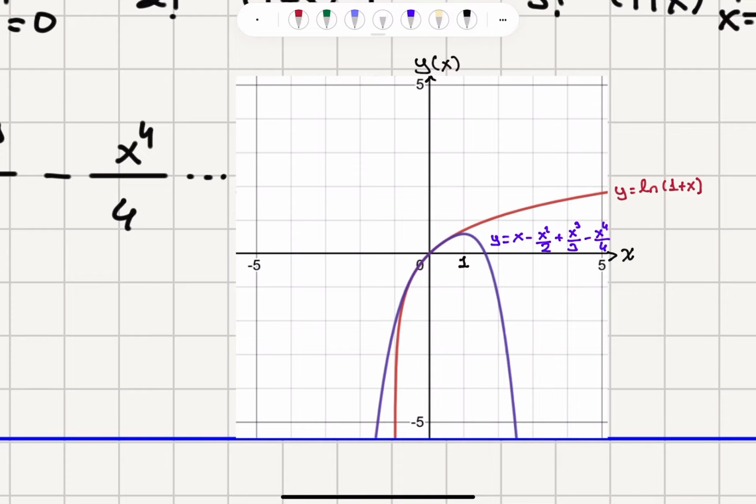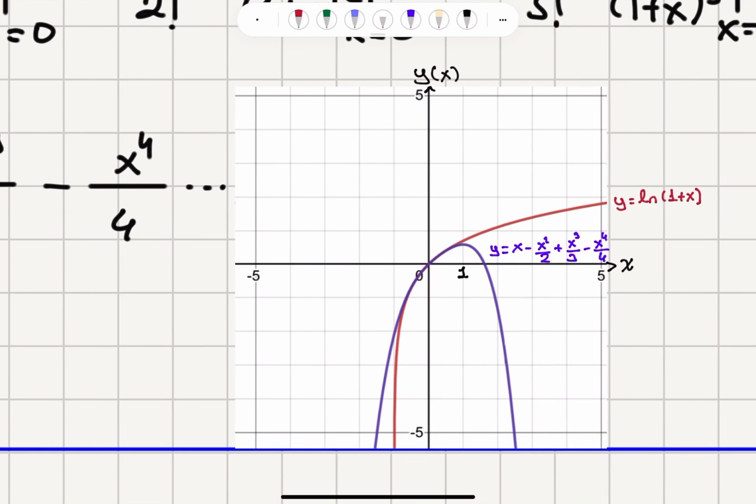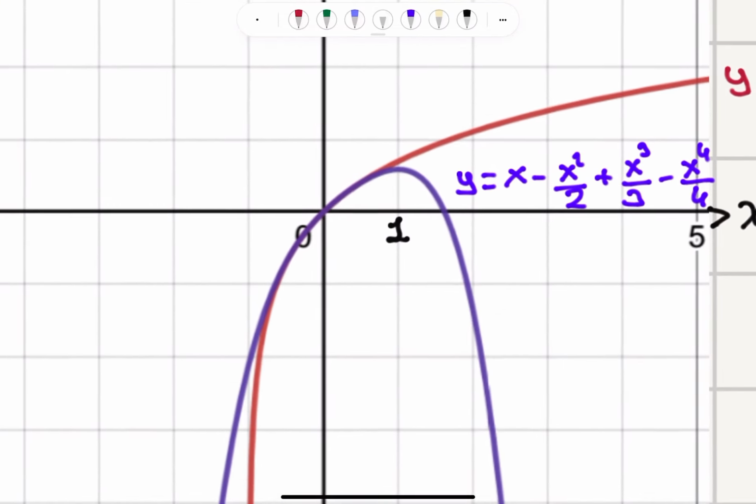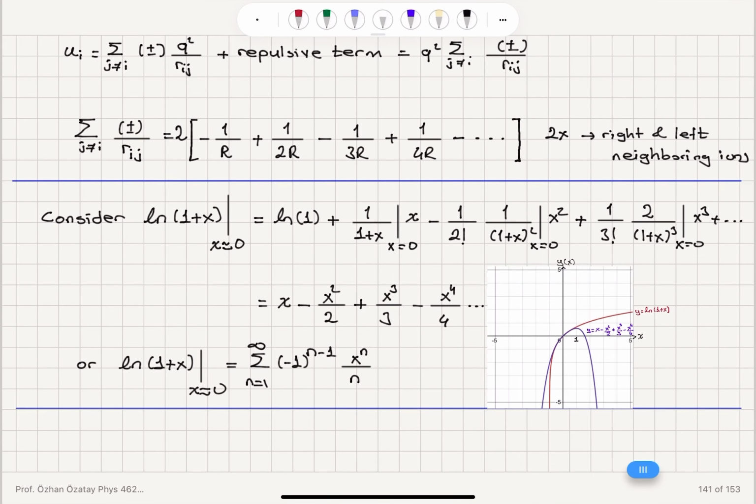If I plot these four terms, x minus x squared over 2 plus x cubed over 3 minus x to the 4 over 4, that is this purple curve. Now you can see that at x equal to 1, this approximation is still quite good. So x equals 1 is close enough to x equals 0 to have a good match between the Taylor series and the actual function. Okay, so that I see from the plot.